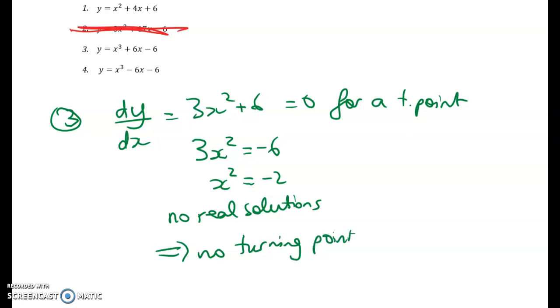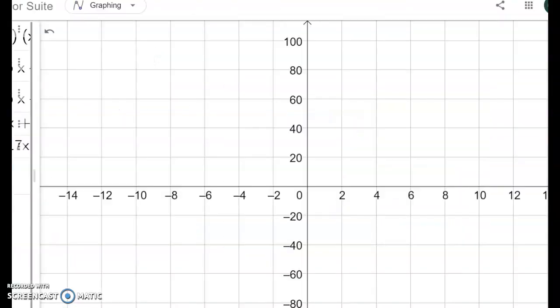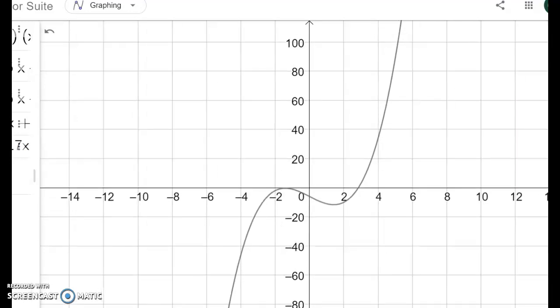And if you graph that, here's what you end up finding. Let's just hop over to GeoGebra, and I'll just see if I can get the right one. So x cubed plus 6x looks like this. Right, so that's a cubic and it's got a point of inflection. Now while we're here, I'll show you what the next one looks like. So you can see this is example 4, and we're going to find 2 turning points in that one.